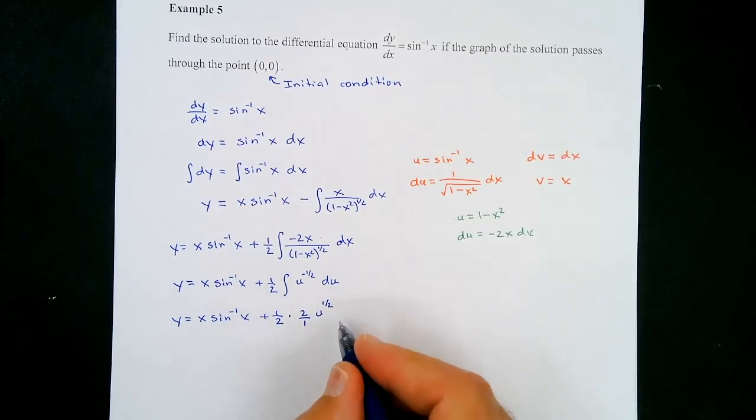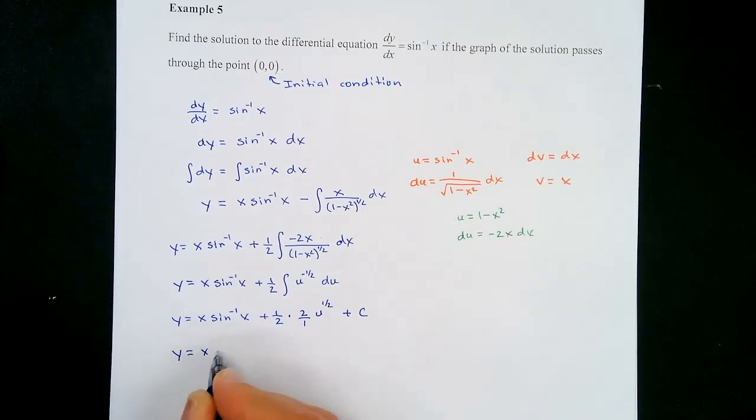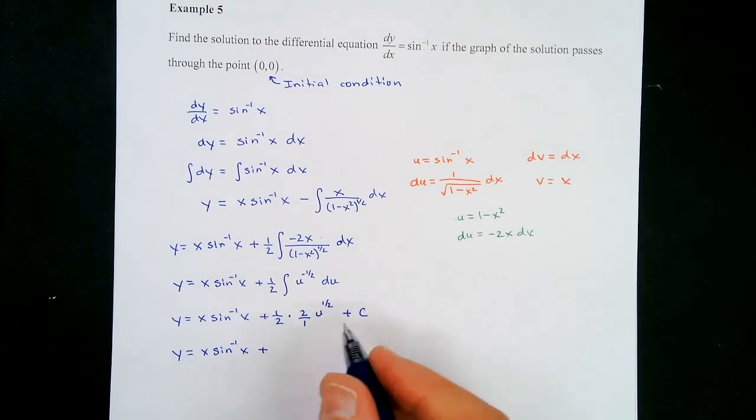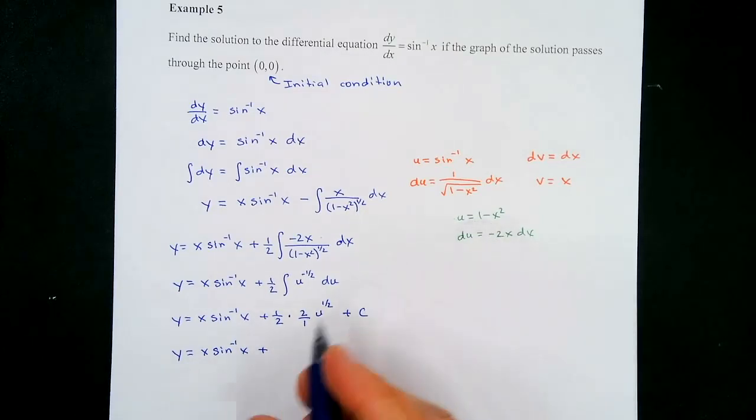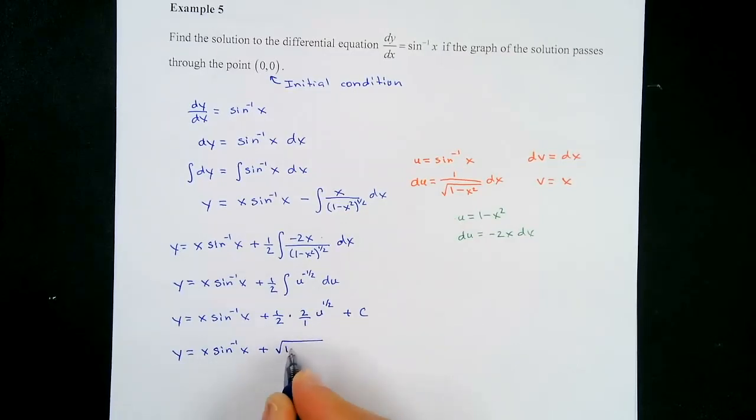And then I have the plus c, all right, my constant. So now what happens here is my 2's are going to cancel out, and I'm left with y is equal to x times sine inverse of x plus u to the 1/2. Well, what is u? U is 1 minus x squared. So this would be the square root of 1 minus x squared plus some constant c.